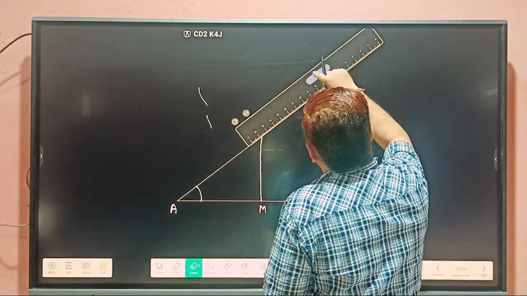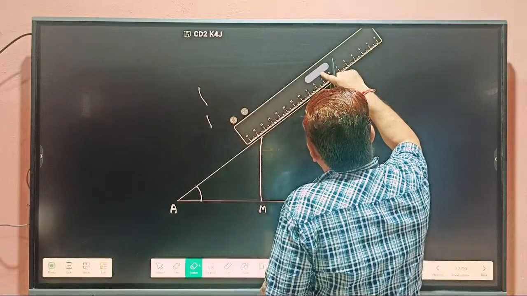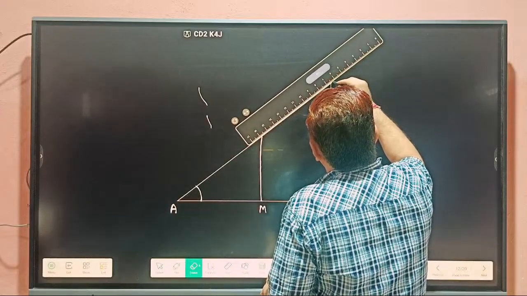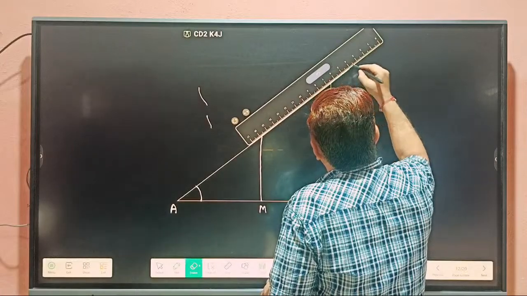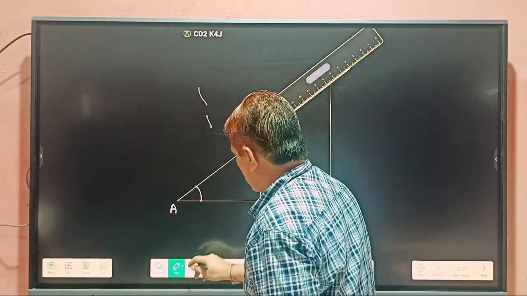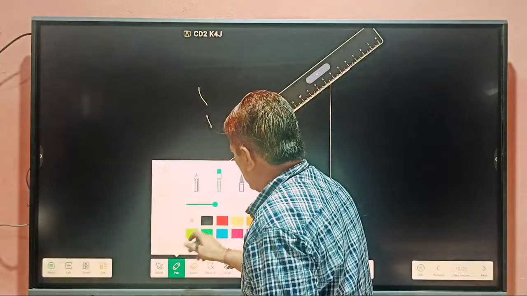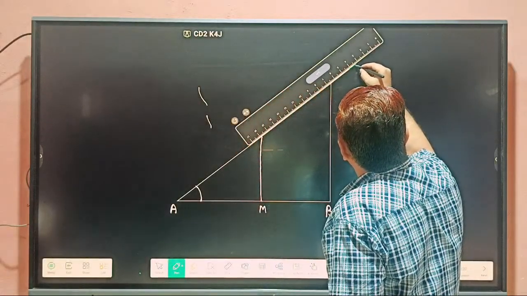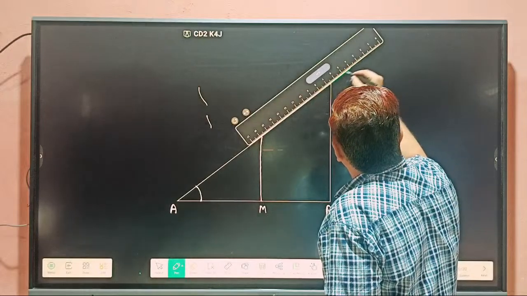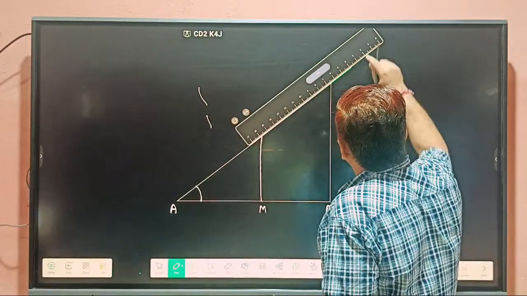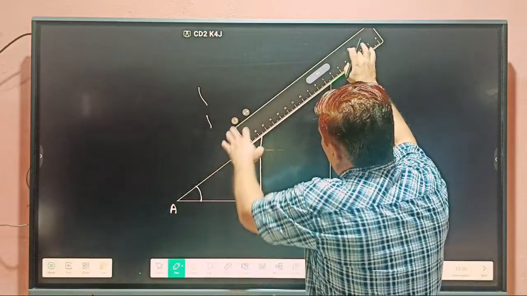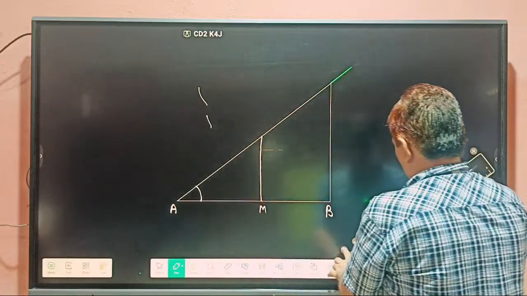If you draw like this, this part we will extend. What will we do? Extend this part till here. Understood? And then what can we do? We will take this edge.